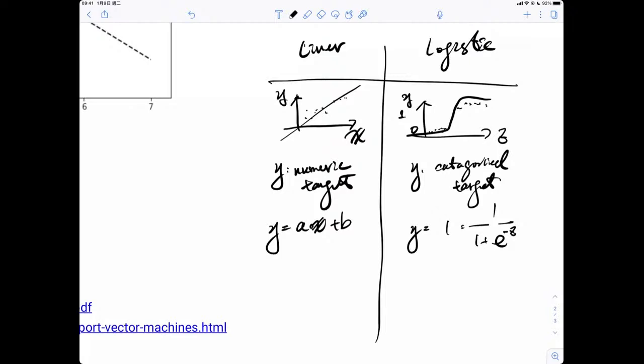We only use a very simple line or a curve or a surface to describe this relationship between x and y.